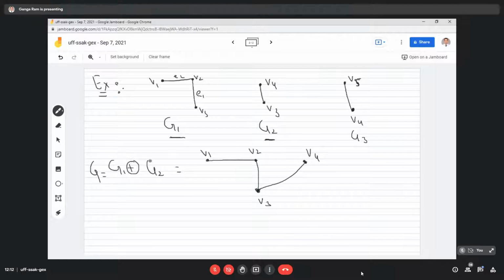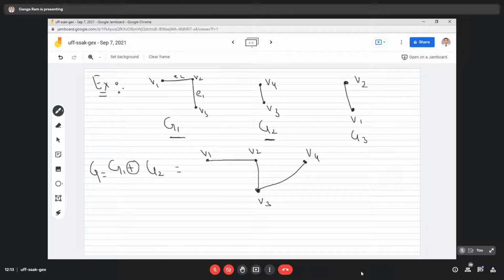Suppose if I take here, in place of V5, V1 and V2.